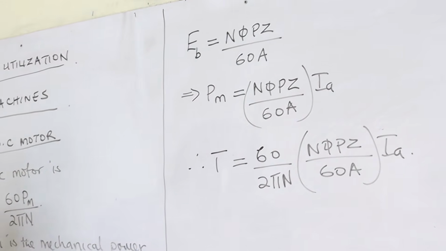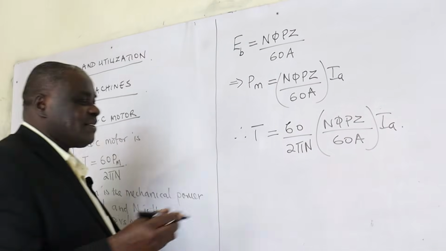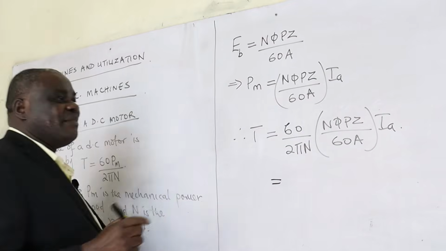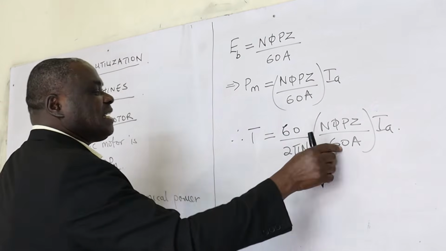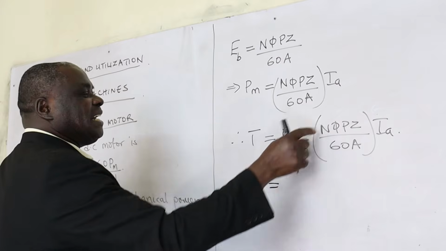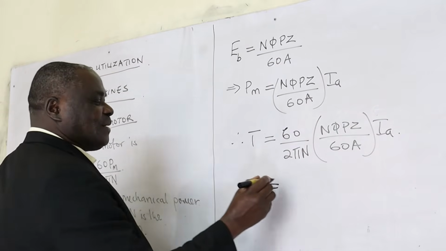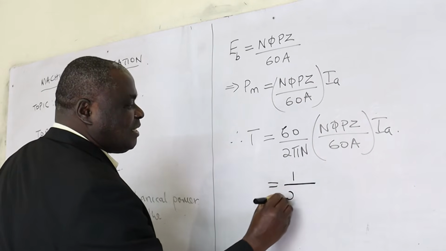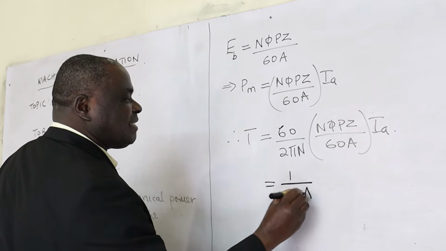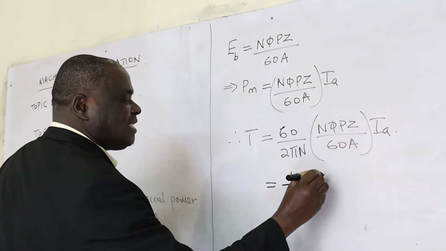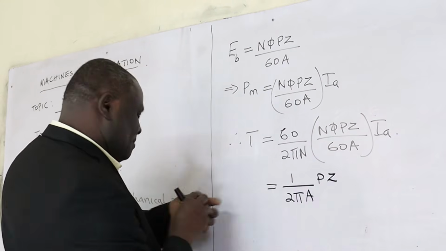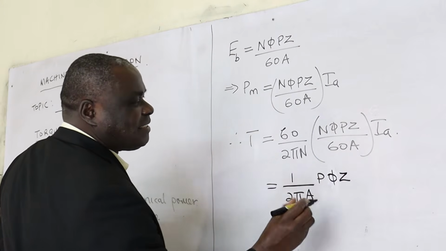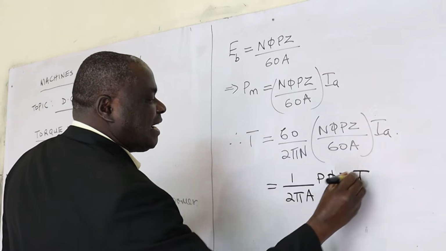When this is simplified further, the 60 will cancel that 60, N and N will also cancel. So we'll be remaining with 1 all over 2 pi A, P phi Z, multiplying IA.